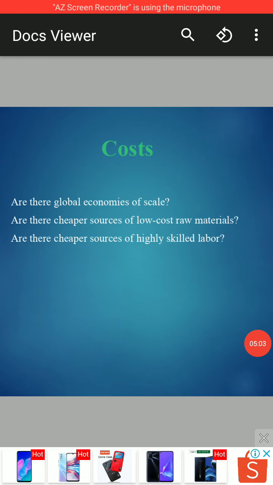Next, cost. The stage of development, location, and demography will vary between countries. So the cost of factors of production will depend on land, capital, and labor. Usually the cost of labor, for example, is also different.